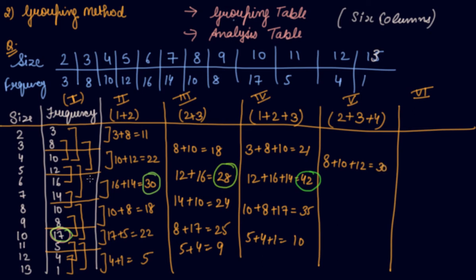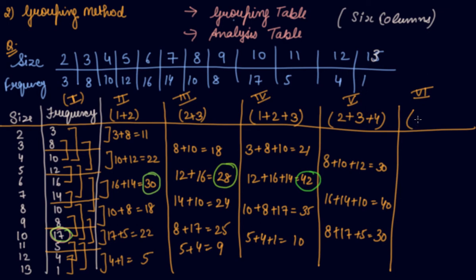Then we add 16 plus 14 plus 10, which is equal to 40. And then we add 8 plus 17 plus 5, which is equal to 30. And then we are left with only 2 frequencies, but in the fifth column we are adding 3 frequencies, so we'll leave the last 2 frequencies.